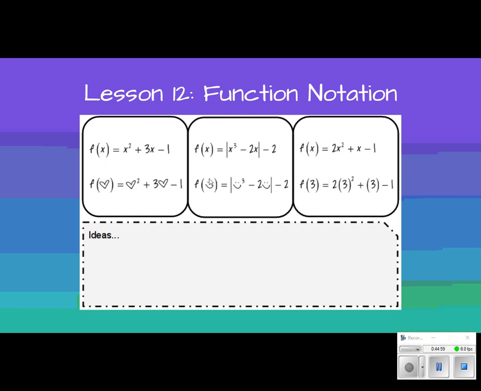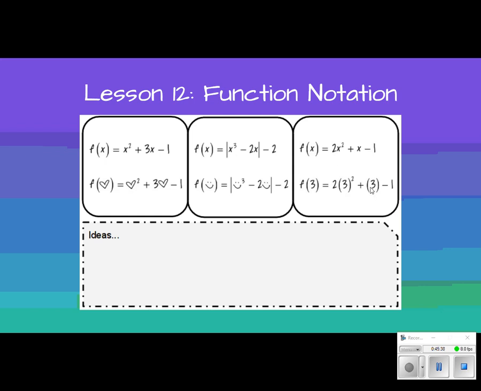Here in the second box, we're replacing it with f of smiley face. Who does math with smiley faces? Me. I do math with smiley faces. I love math. So we've got the absolute value of x cubed minus 2x. Whenever I come to an x, I replace it with something else. Everything else remains the same. Now in this last one, notice that I'm not just plugging in a 3, I'm also wrapping this 3 in parentheses.